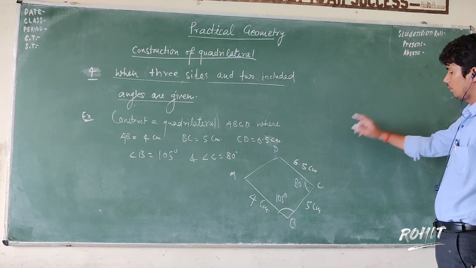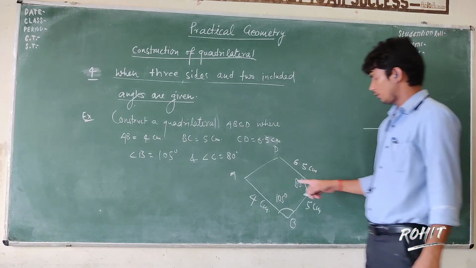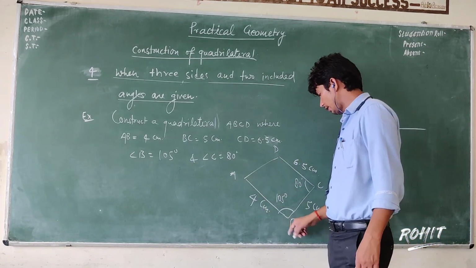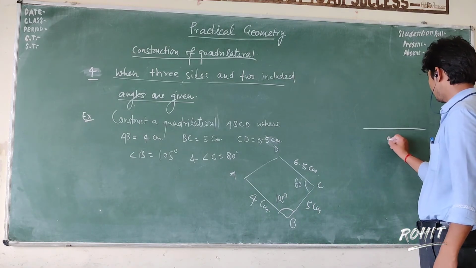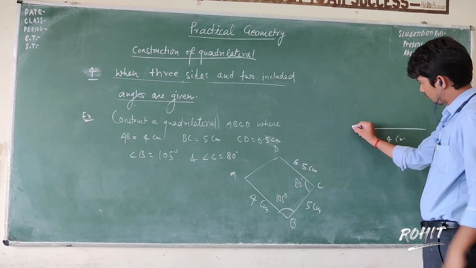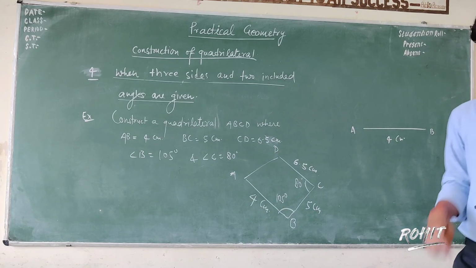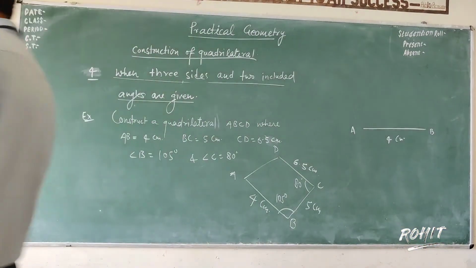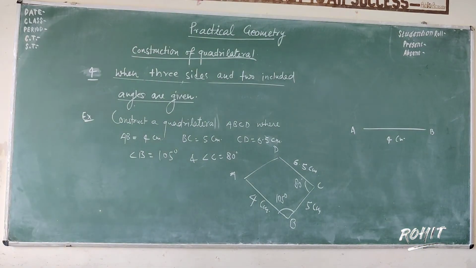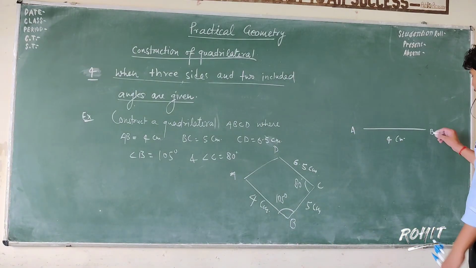So first draw the quadrilateral. To draw this quadrilateral, first draw line AB, and the length of line AB is 4 cm. Now angle B is 105 degree.